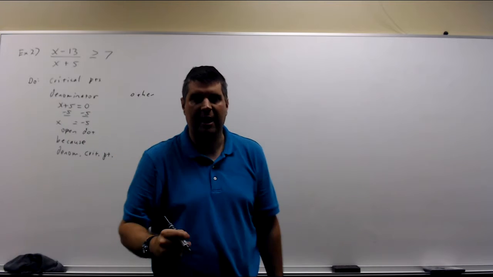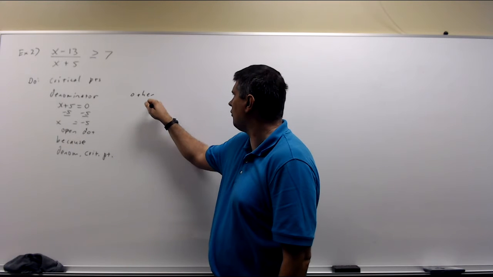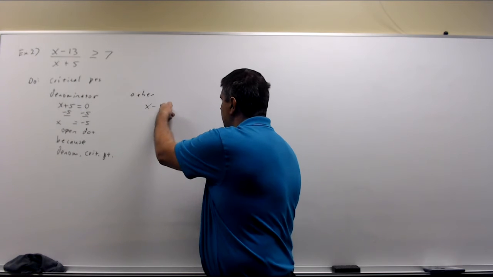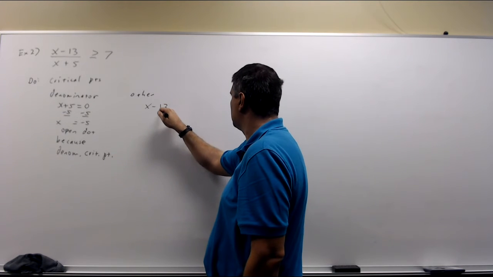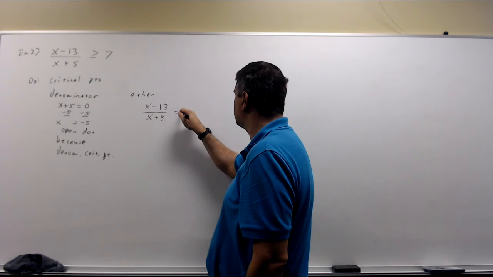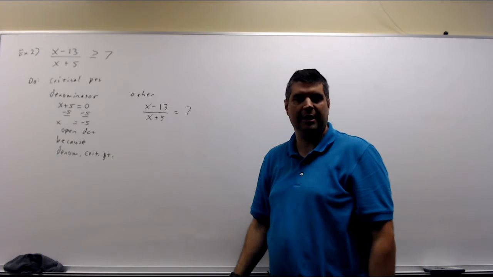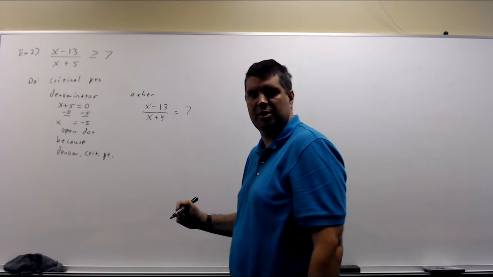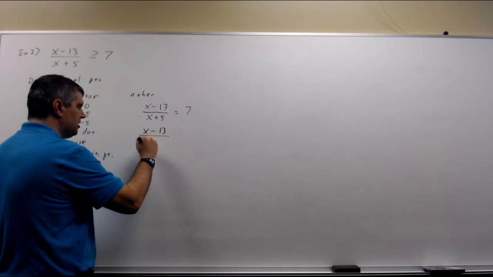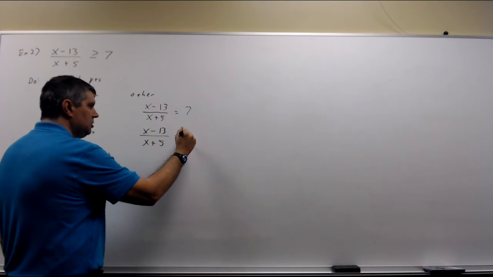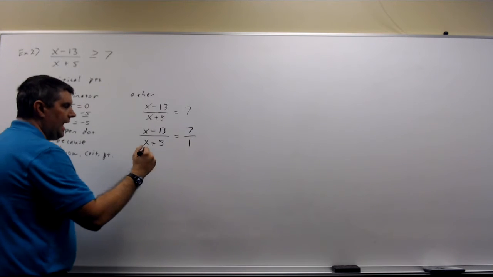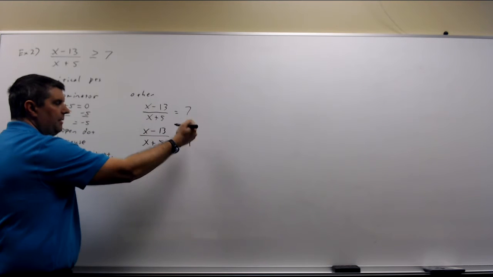Now to find the other critical point, I would solve (x minus 13) over (x plus 5) equals 7. I would solve this as an equation. Many students are used to this method for solving this type of equation. That's what we'll use. So this will be 7 over 1, and I convert this into a pair of fractions.